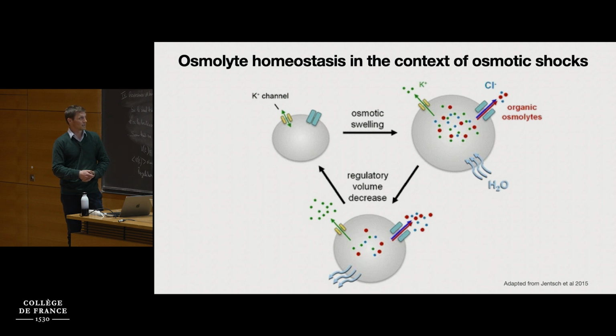Then cells release osmolytes, organic and ions, and that leads to a recovery of the cell volume, and they go back to their initial volume. Most of the sensors that have been identified in these types of responses respond to increased tension at the plasma membrane. This is true, or decreased tension at the plasma membrane, also in the case of hypertonic shocks.